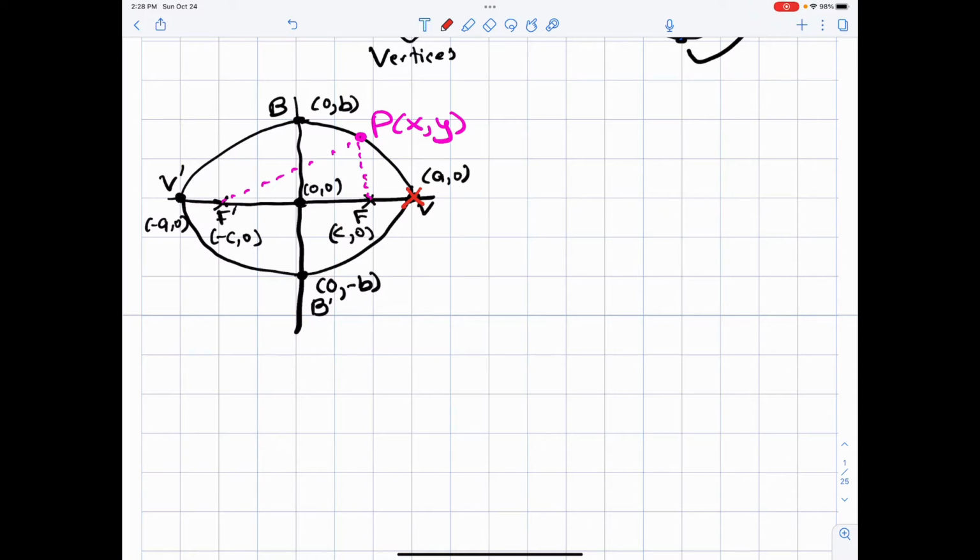Let's see. We know that the distance between point P and one of the foci, plus the distance from point P to the other focus, has to be a constant. But what could that constant possibly be?